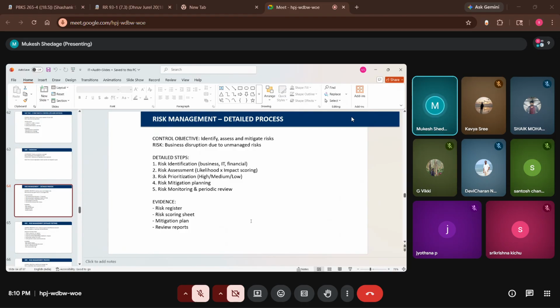Likelihood and impact scoring. To give an assessment example, you have one office in Delhi. If we check the chances of a tsunami reaching Delhi, chances are less. So the likelihood of that risk is so less, so impact automatically will be less.